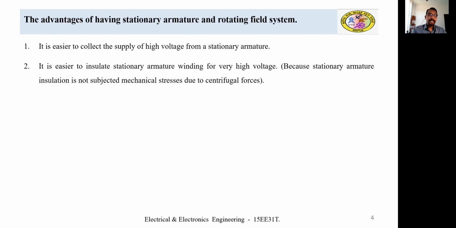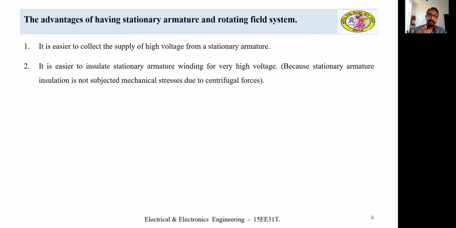The second one: it is easy to insulate a stationary armature winding for very high voltage. Why? Because imagine the armature of an alternator is rotating. The alternator is producing a very high voltage of the order of 11 kV, that is 11,000 volts.